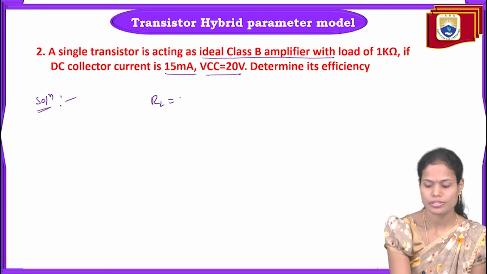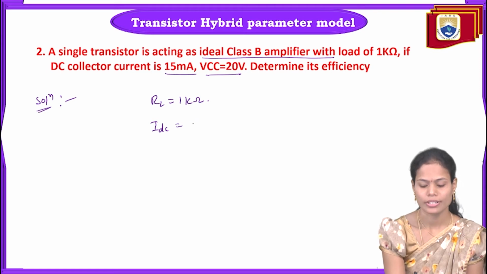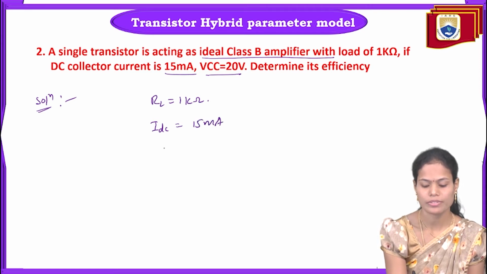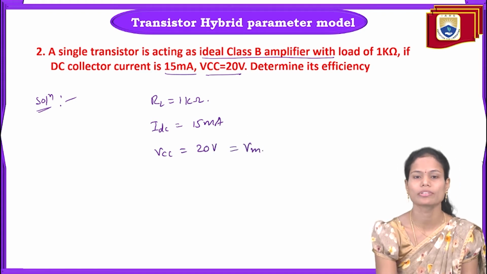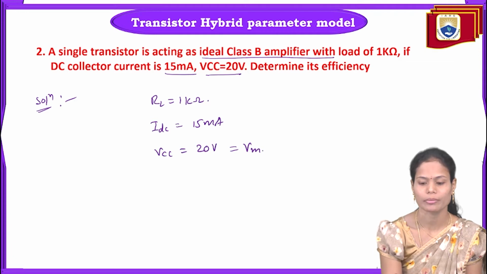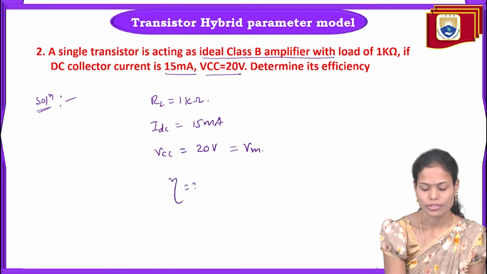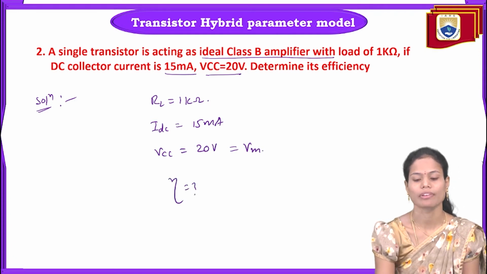The load resistance is 1 kilo ohm, the collector current IDC is 15 milliamps, and the supply voltage is 20 volts. This supply voltage is nothing but the maximum voltage we are applying to the amplifier. And from this we need to calculate the efficiency value.